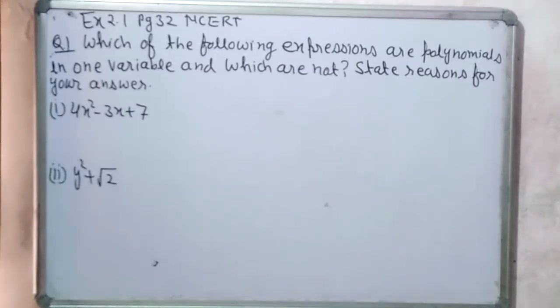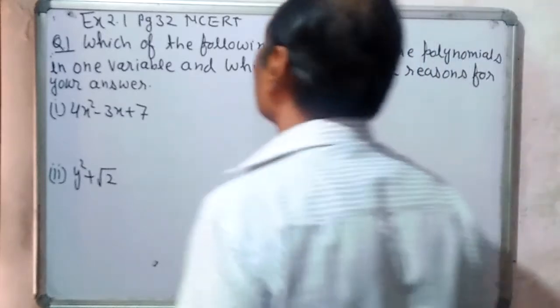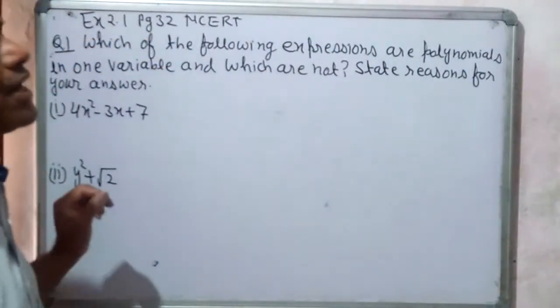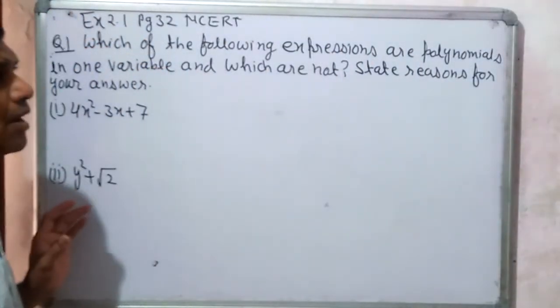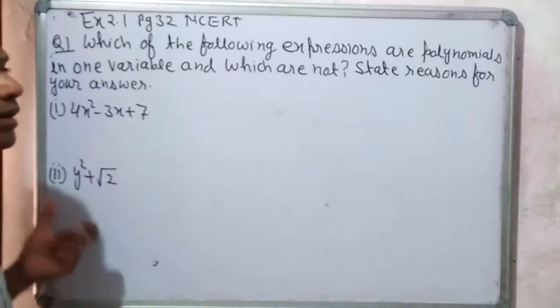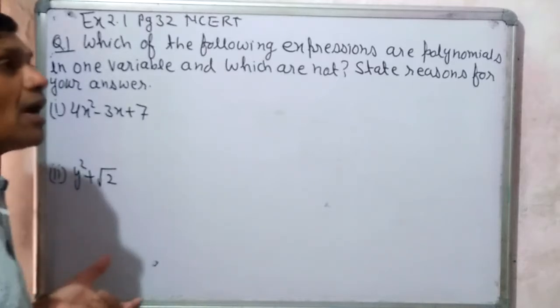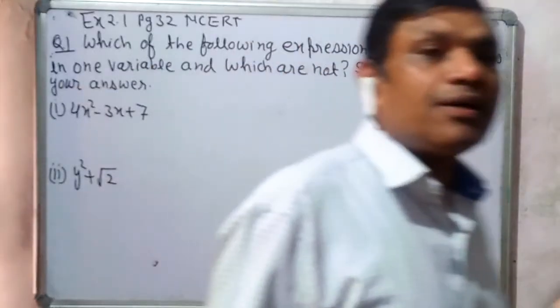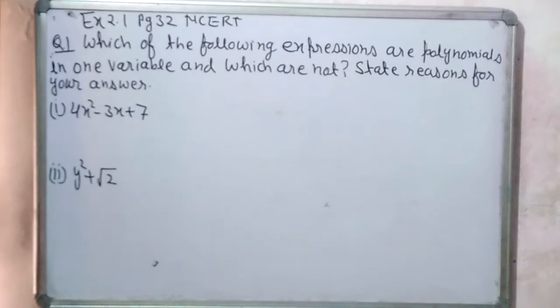Next students, we have exercise 2.1 at page 32 in your NCERT textbook. What is the first question? The first question is checking our knowledge about the definition of a polynomial, as well as our understanding about one variable, two variables and more variables.